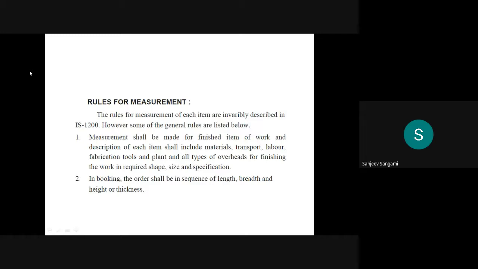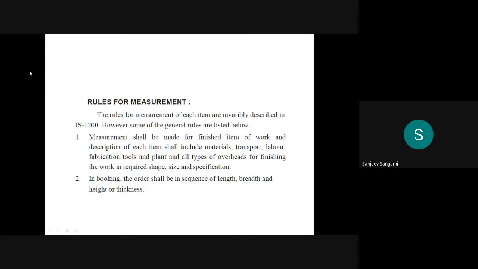Some of the things I already discussed, but still, what exactly are the rules for measurement of buildings? Some standard protocols are there as per IS 1200. Whenever you are doing calculations or approximations, to what extent you have to approximate any of the measurements, what are the rules? Always you have to stick to the IS code.